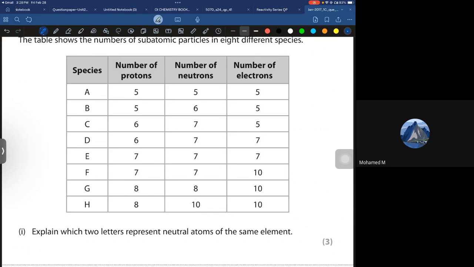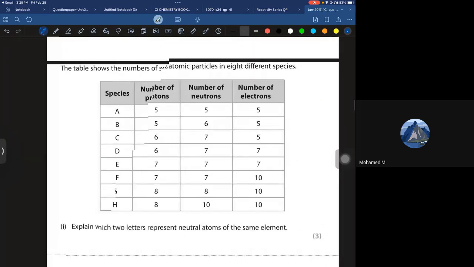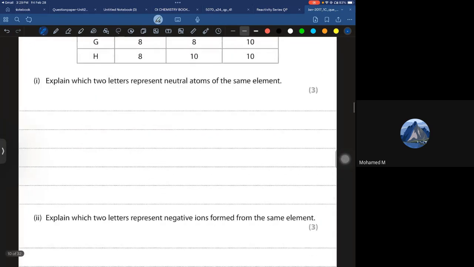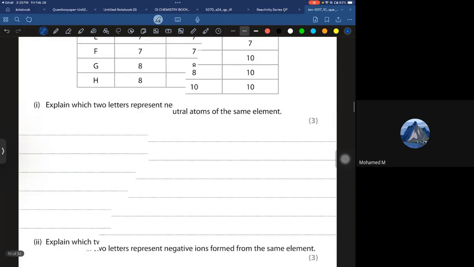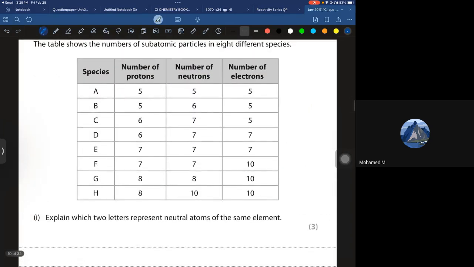Letters represent neutral atoms of the same element. Does that mean isotopes? Does it mean neutral atoms? What do neutral atoms mean? It's of 3 marks. I'm not really sure, to be honest.